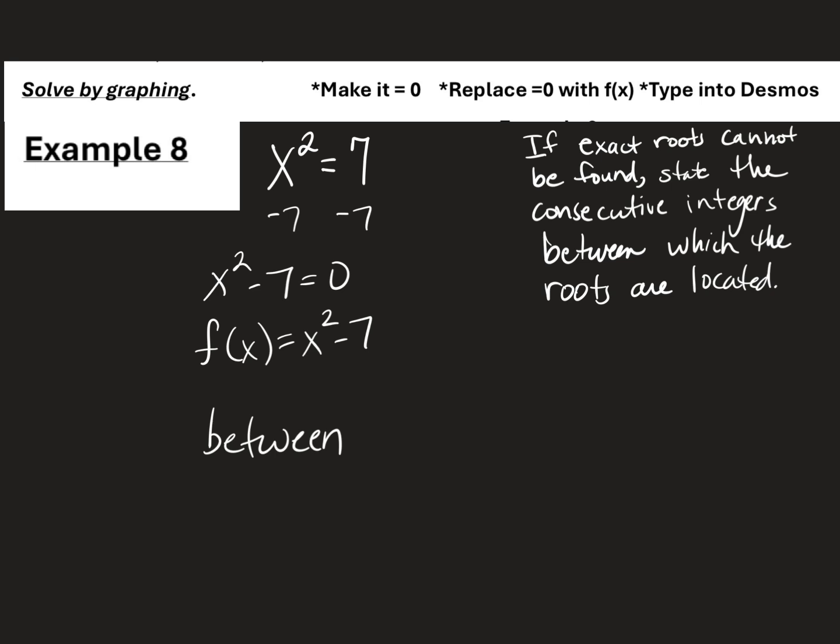Now, I believe there are two solutions. If not, we'll discuss that in class. So find the two consecutive integers that the solutions are between. Don't find the exact values.